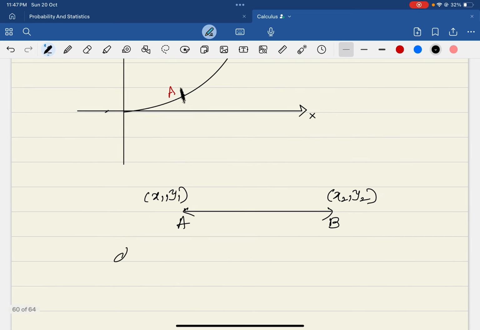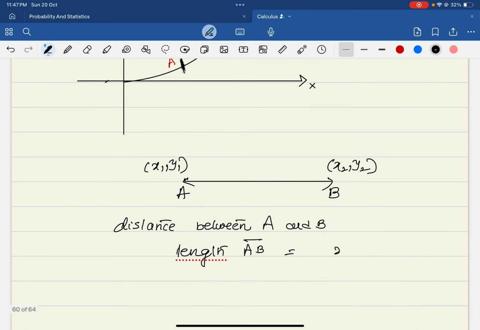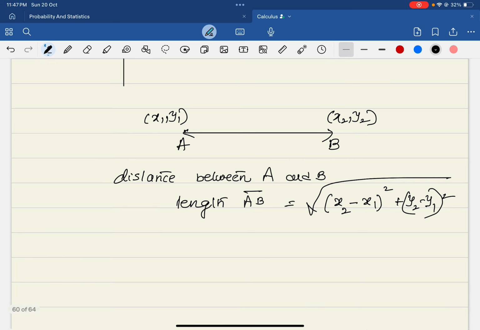The distance between A and B, or the length of the line segment AB, is given by, as you would have learnt in high school, the square root of (x2 minus x1) the whole square plus (y2 minus y1) the whole square, correct?